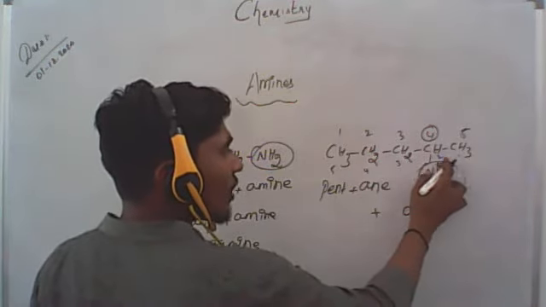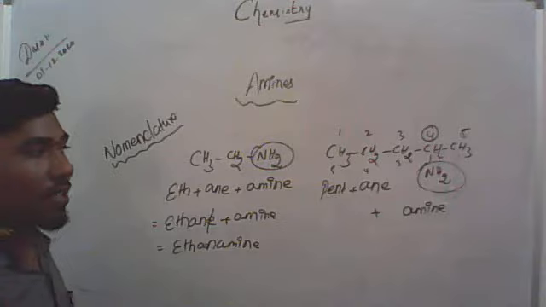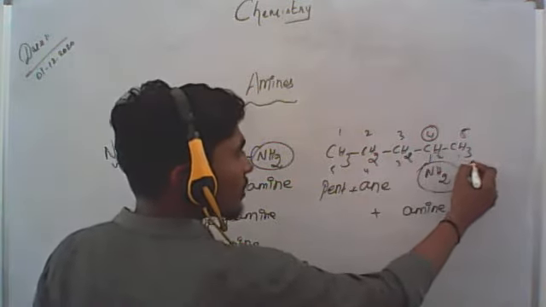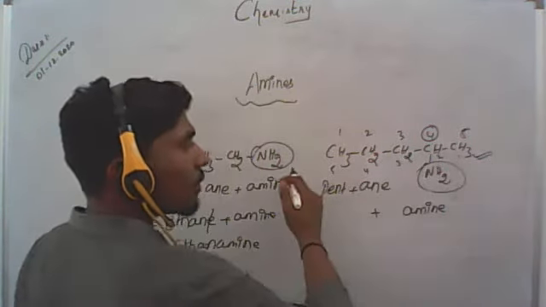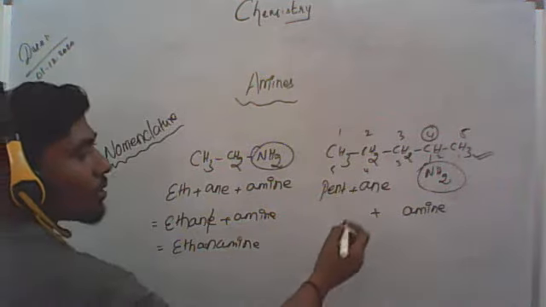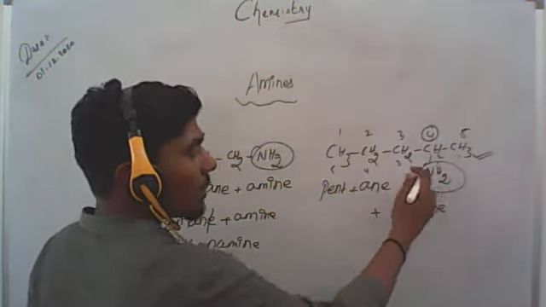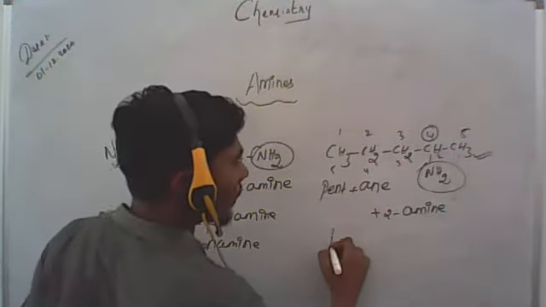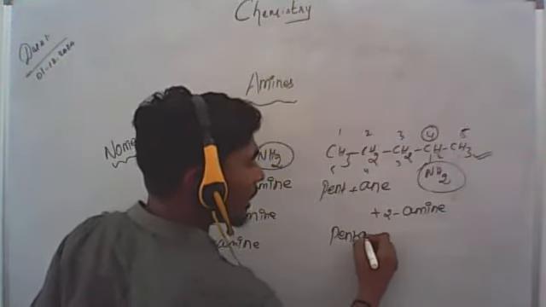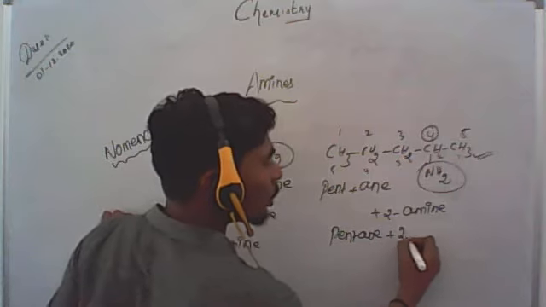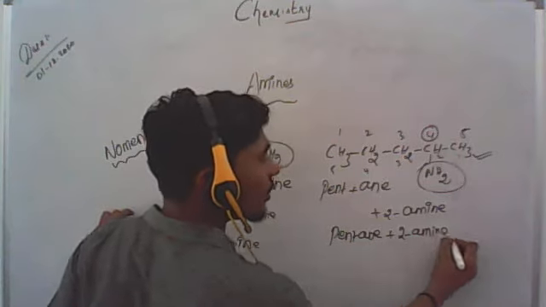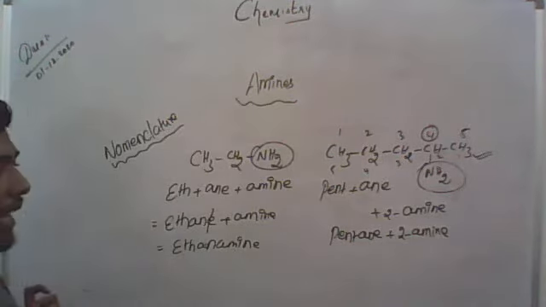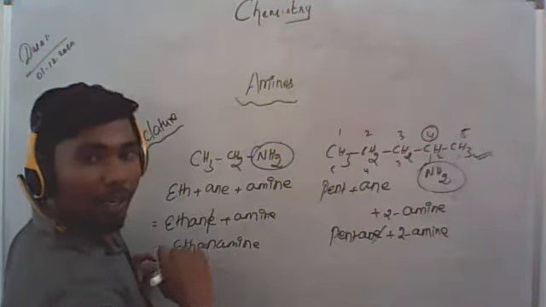Because the functional group is present in the second position itself, we have to select this one. Okay, so what is the position of the functional group? Second. Okay, so what is the name? It's pentane plus 2 amine. Okay, so strike off E from the name and add the name.